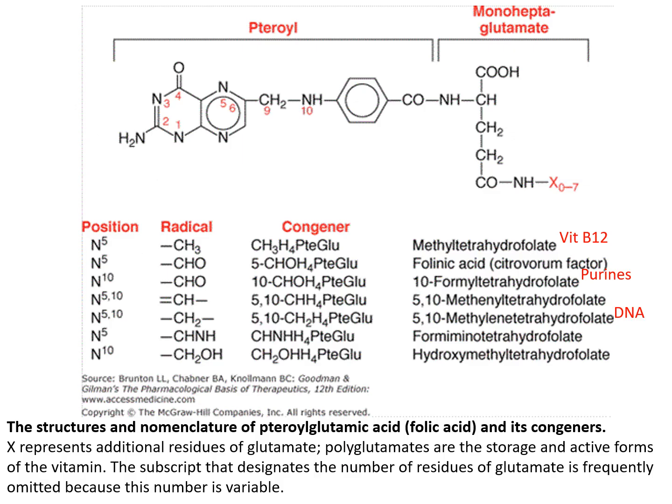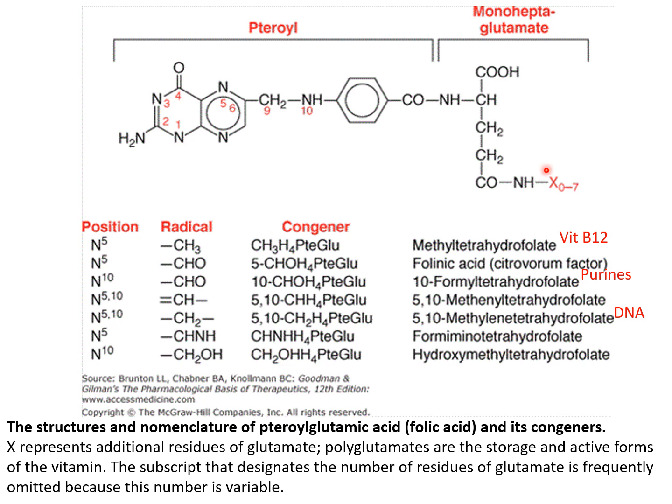In the next slide, here you will see the various available forms of folic acid at the bottom, based upon the various substituents that occur basically on the N5 and the N10 positions of the pteroyl moiety. And again, as you can see on the right here, this is the N5 and this is the N10.